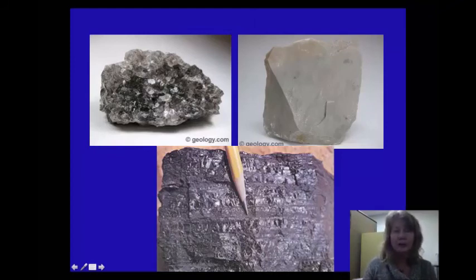So this is an evaporite rock. It formed from evaporation of water as the sodium and chlorine combine to form the salt mineral. This is a chemical sedimentary rock.